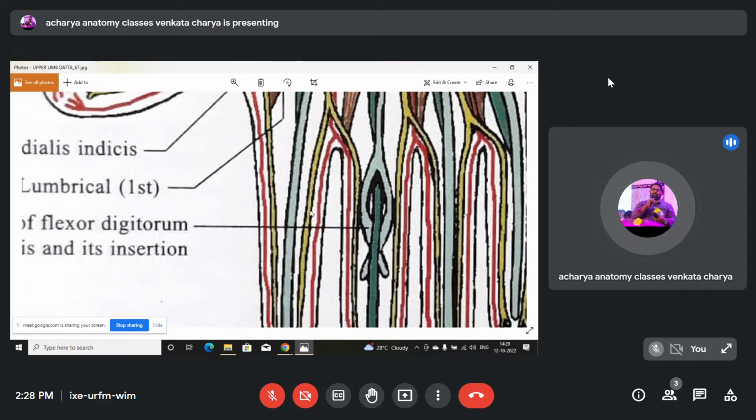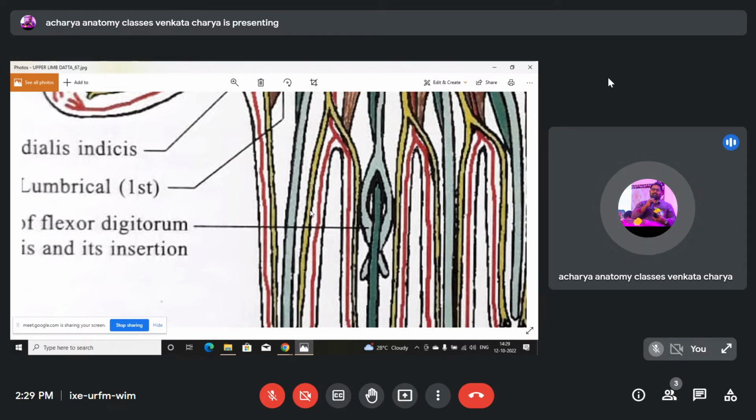Next, seventh proper distal artery supplies the lateral side of the ring finger.